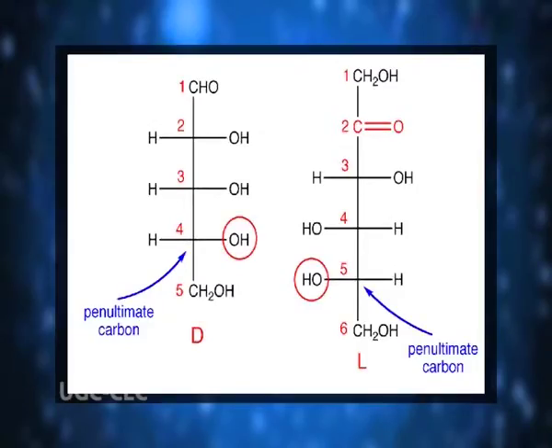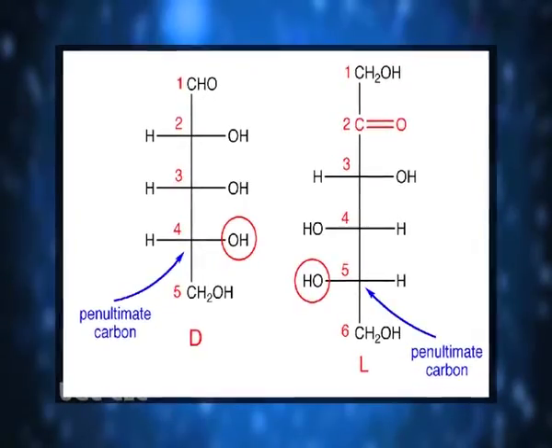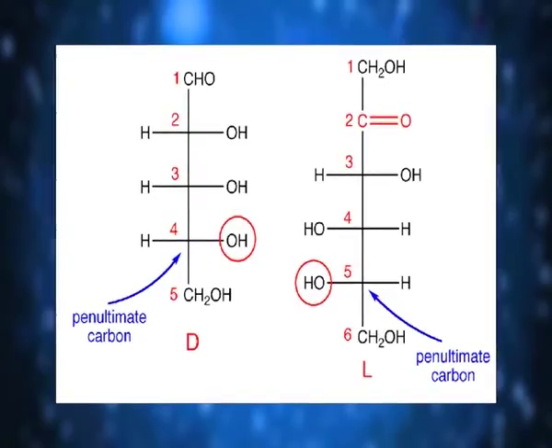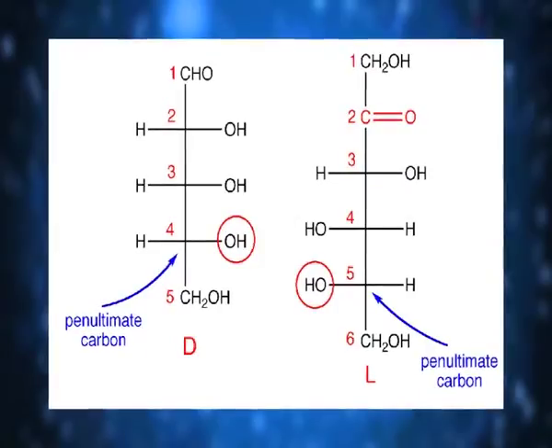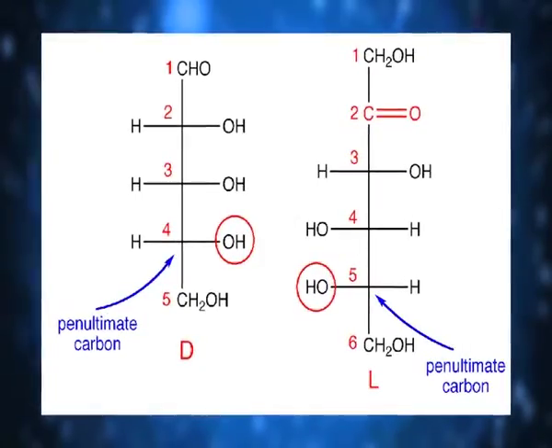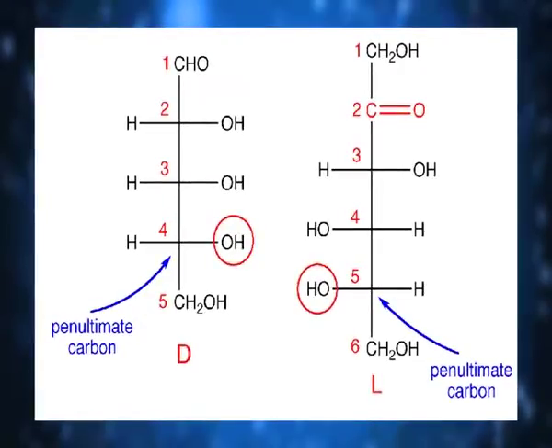A D monosaccharide has the same configuration at its penultimate carbon as D-glyceraldehyde. Its OH is on the right when written as a Fischer projection, and an L monosaccharide has the same configuration at its penultimate carbon as L-glyceraldehyde. Its OH is on the left.